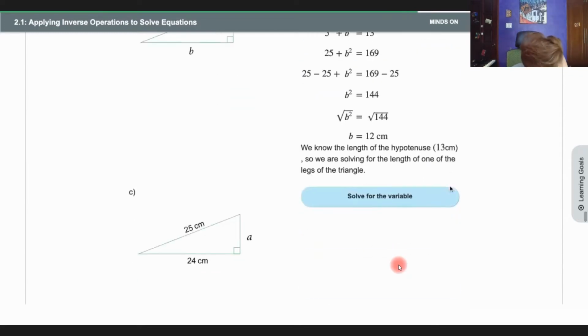Okay, let's move on. So this one, same as last time, take 25 multiplied by itself, which is equal to 625, and 24 squared is 576.